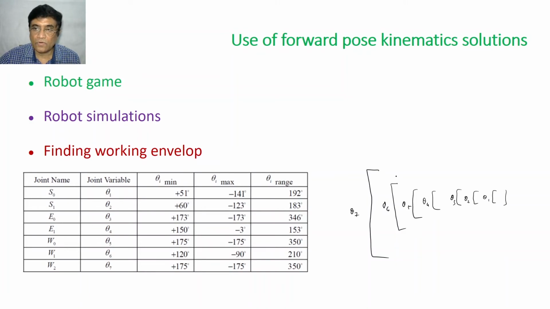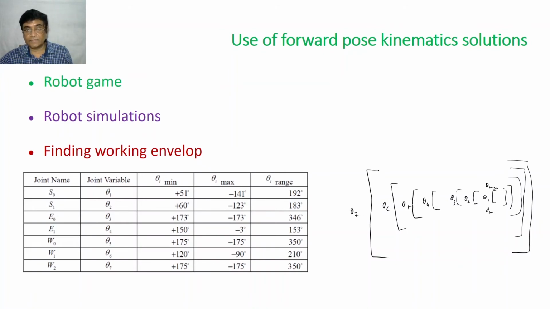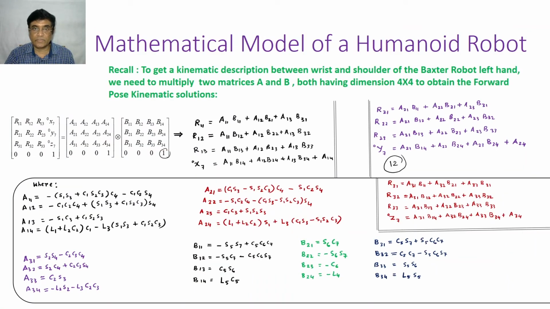Since the ranges, theta min and theta max, are given, you can compute a nested for loop, so that for a particular theta 7, a particular theta 6, a particular theta 5, and so on, you get all the points using these forward kinematic equations.